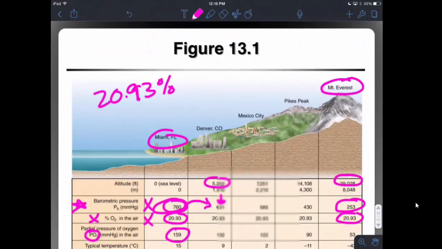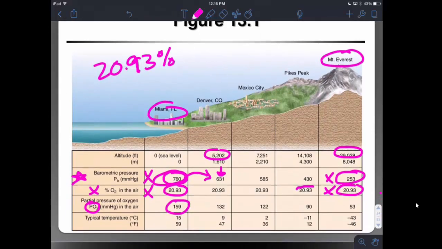But if we go up to Mount Everest, we're still at 20.93%, okay? But the total pressure is 253, so when you multiply 0.2093 times 253, we end up with a much smaller partial pressure. So the partial pressure of oxygen on Mount Everest is much lower, okay?